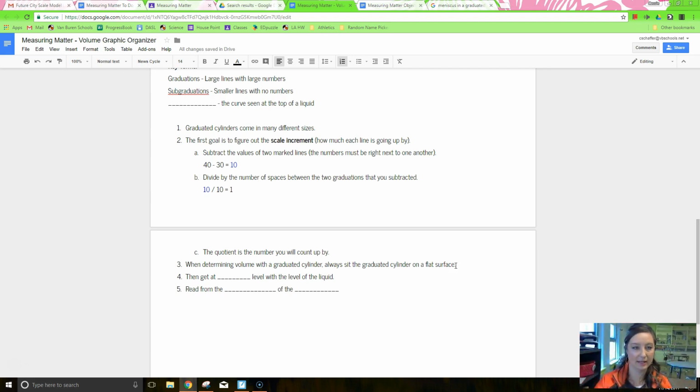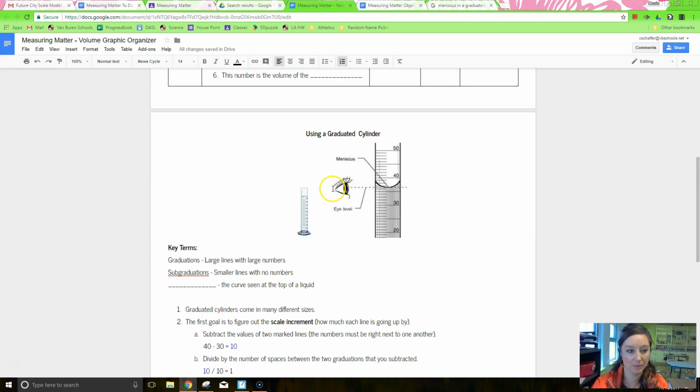So always make sure that it's on a flat surface, and then you have to go down and get it eye level with it. You guys have gotten some practice at getting that eye level with your triple beam balances to really make sure if it's balanced, because we know looking at things from different angles kind of messes with your sight. So that's why you really want to make sure that you're at eye level with it. So there's a big eye there, making sure you're at eye level.